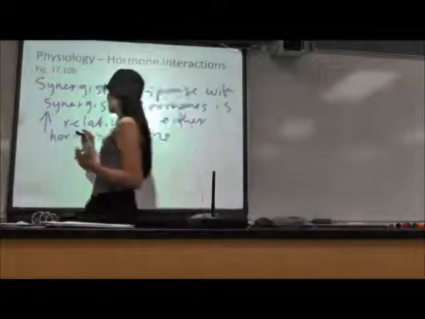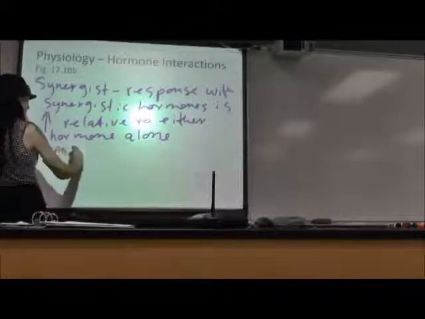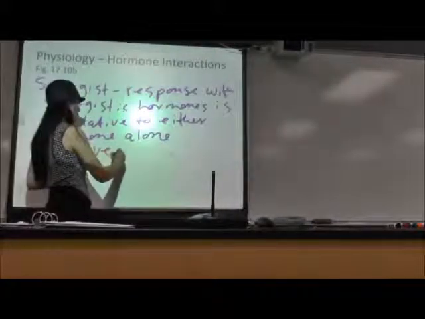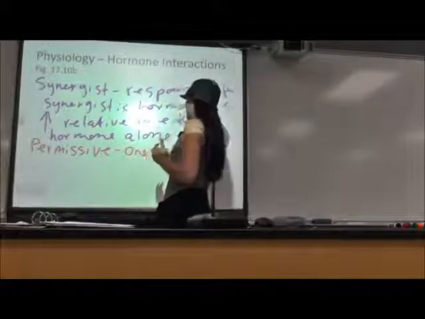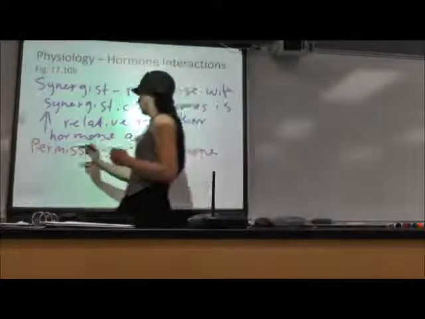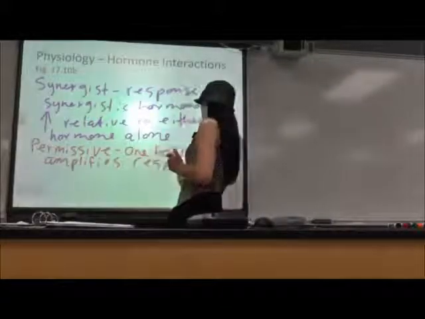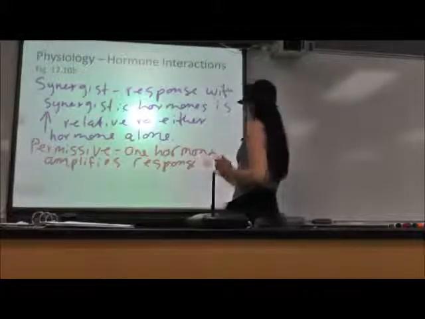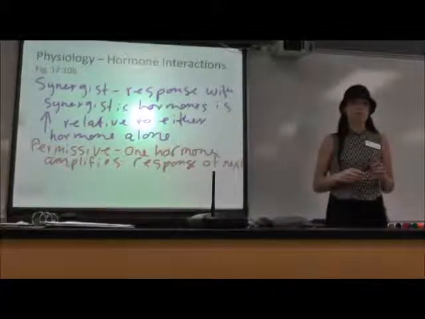The next way is what's called permissive. When you've got hormones that are permissive for each other, one hormone is going to amplify the response of the next. A great example of this is estrogen and progesterone.